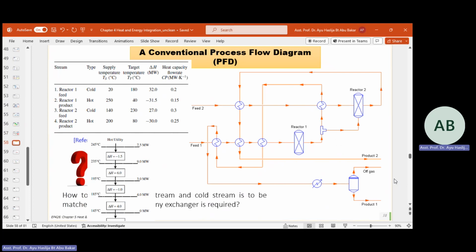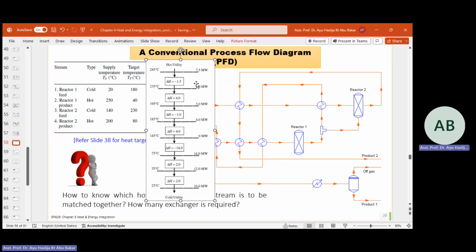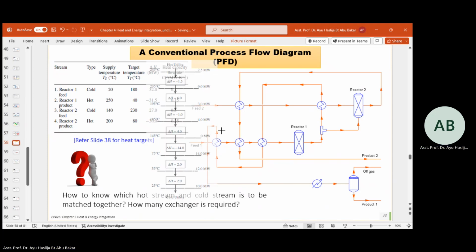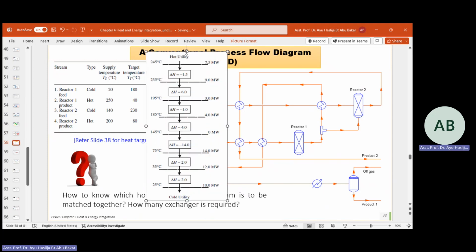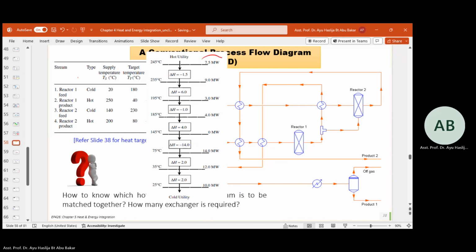This one uses the previous example, not yesterday's one. From this stream, the one for the heat cascade, this is the value for QH min and QC min.